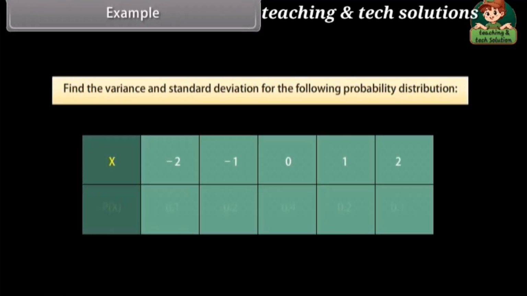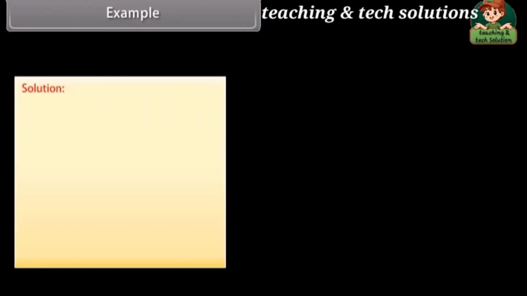Example: find the variance and standard deviation for the following probability distribution. Solution: the variance can be found by the formula Var(X) = summation from i = 1 to n of xi squared times p(xi) minus mean squared.